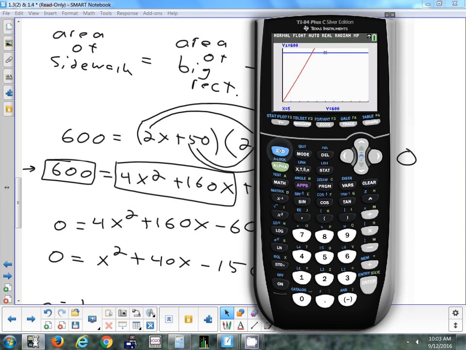Second calc, intersect. Pick a point on the first curve. Okay, make sure I'm still on the same curve, so I need to go to the other one. See if I can see where I am. There I am. Pick a point on the second curve.